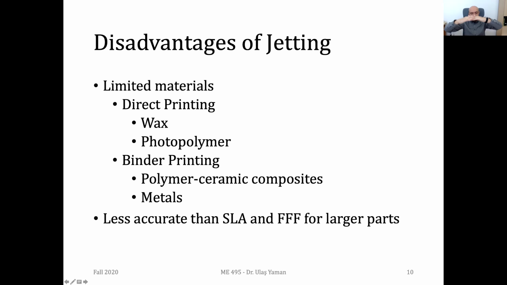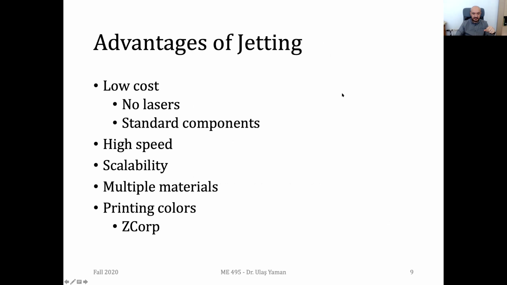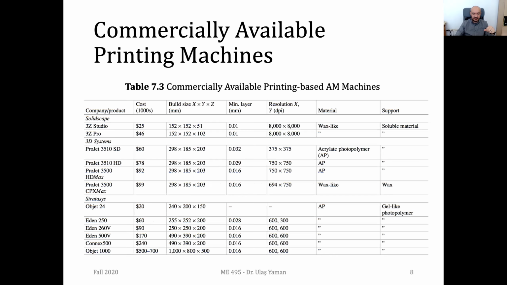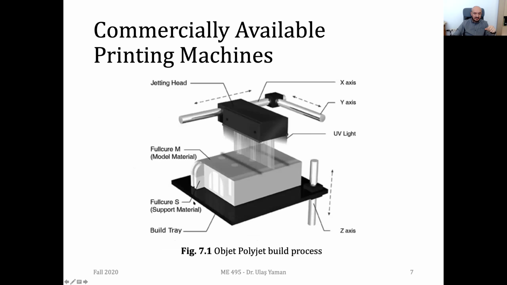No, the part is actually going down, but they can use part of a bed. Let me go back to the previous slides. Assume that this is their whole plate, but sometimes, depending on the size of the shape, they do not need to use the whole region.